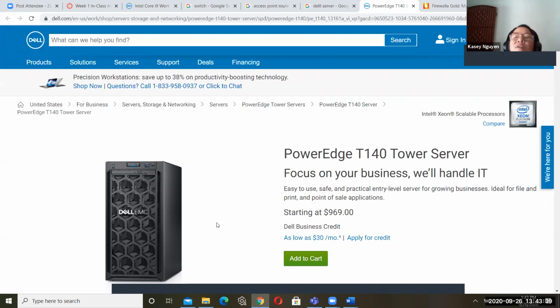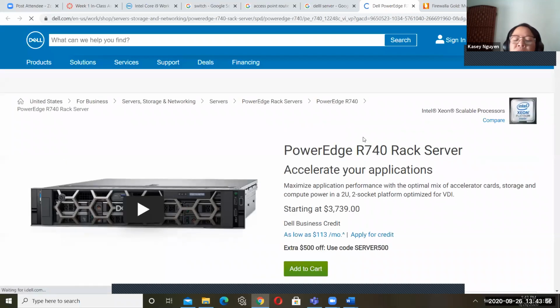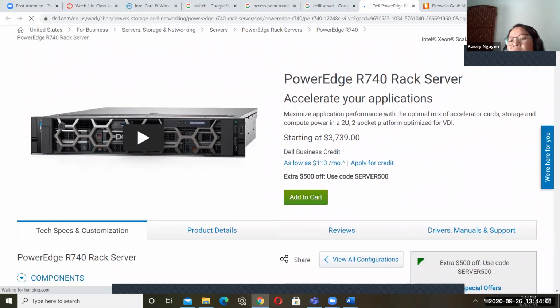But in some cases, some businesses prefer to have a tower, so it will look like a regular computer, something like this. But you can have something like this. PowerEdge is a beautiful appliance. I love it. So this is a rack mount PowerEdge server.